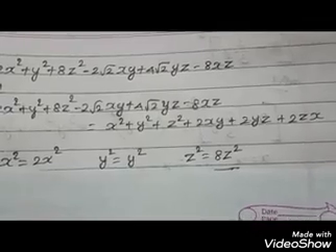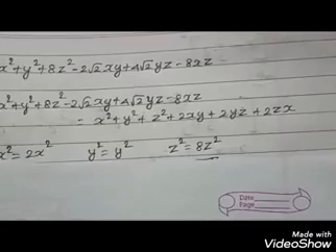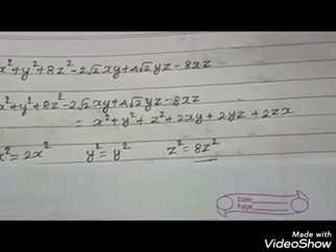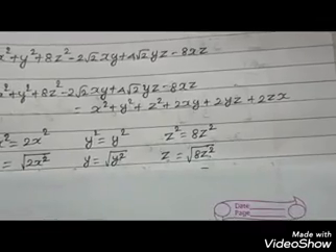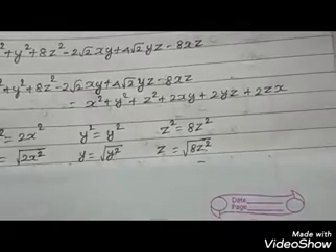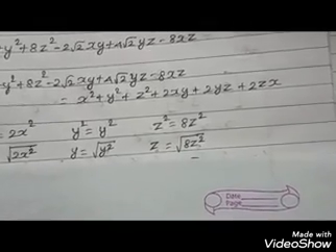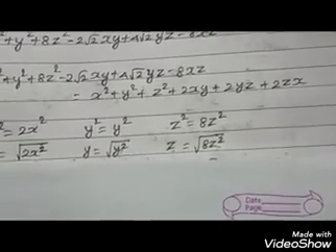X square is equal to 2x square, y square is equal to y square, and z square is equal to 8z square. If you take the square root of this, you can write x equal to square root of 2x square, y equal to square root of y square, and z equal to square root of 8z square.